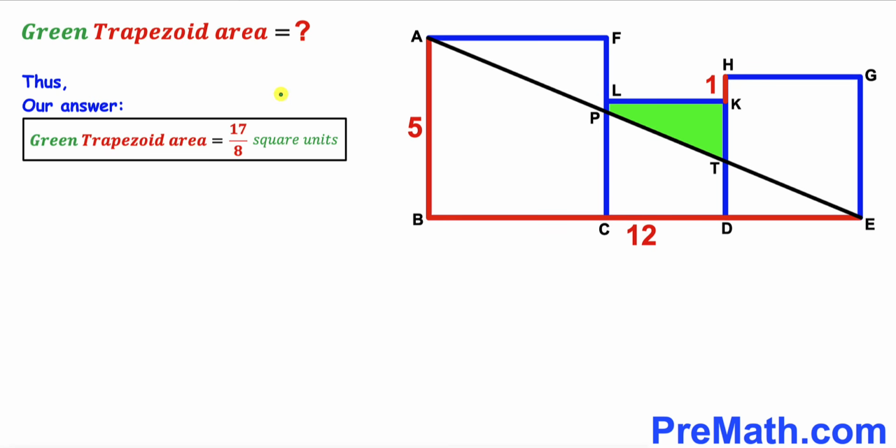So thus after all the calculations and manipulations, the area of this green shaded trapezoid turns out to be 17 divided by 8 square units. And that's our final answer.